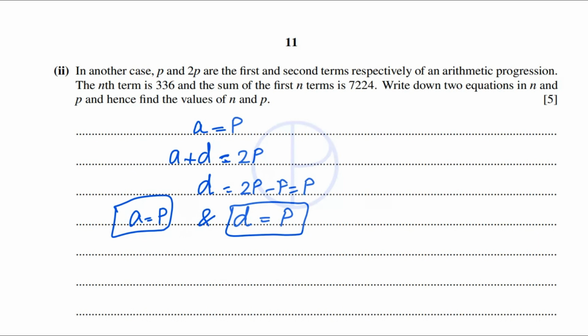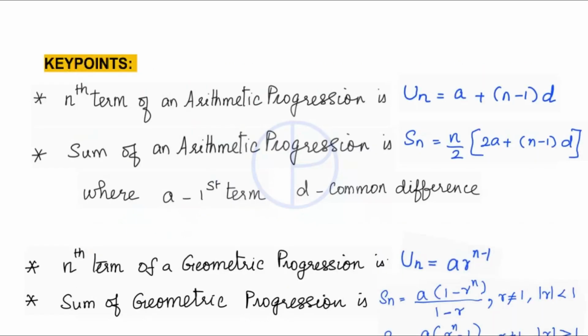The nth term is 336. These are the key points we are going to use for arithmetic progression. The nth term is un equal to a plus (n minus 1) multiplied by d, and the sum of the arithmetic progression is Sn equal to n divided by 2 multiplied by (2a plus (n minus 1) multiplied by d).